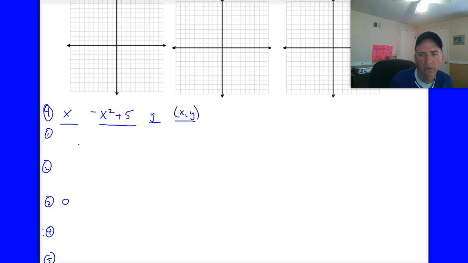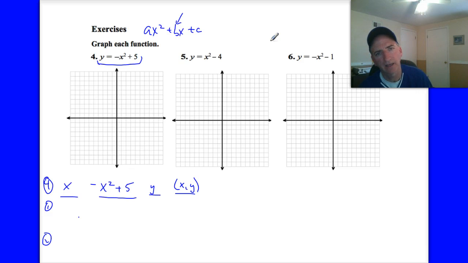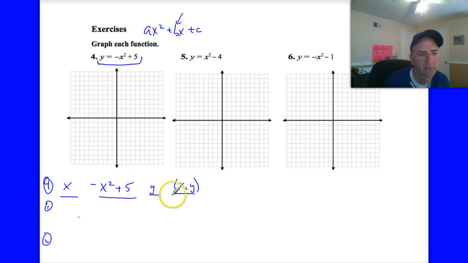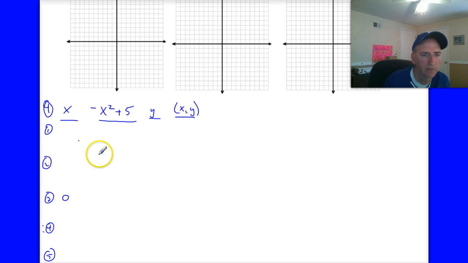When you don't have a b value, remember this is ax squared plus bx plus c, all of these are in that form, however none of them have a b value. Whenever b is not there, that vertex is going to be on the y-axis. So that means the value of x will be 0 for my vertex.